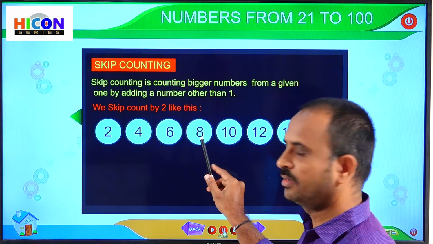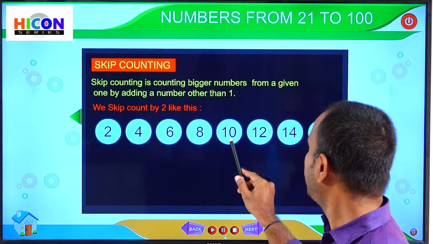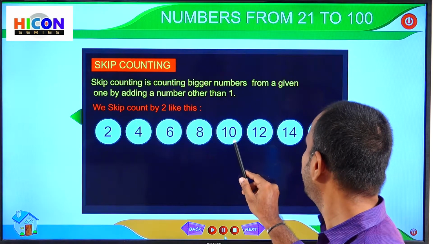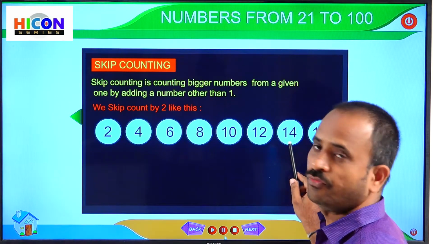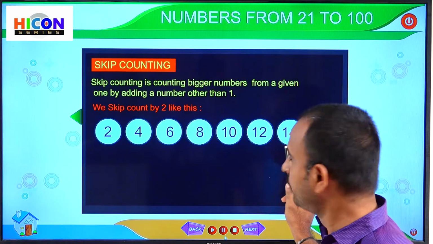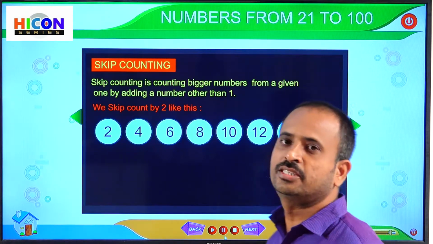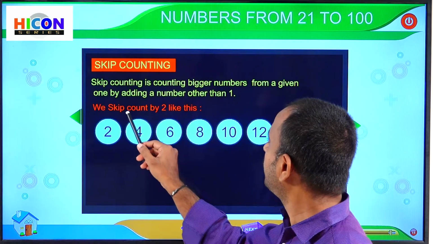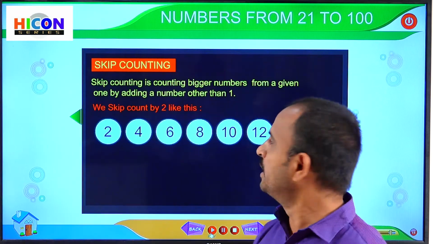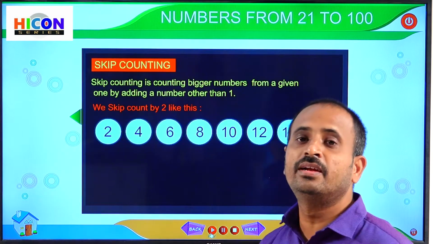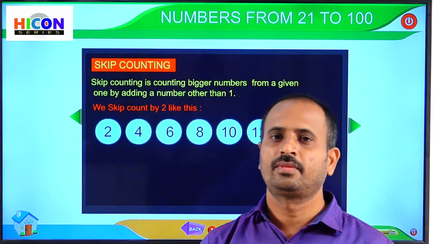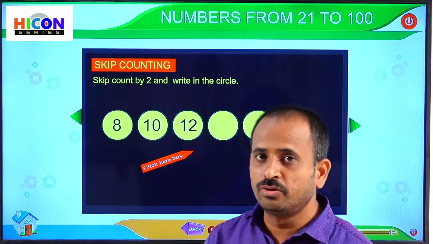Add 2 to 6, we get 8. Add 2 to 8, we get 10. Add 2 to 10, we get 12. Add 2 to 12, we get 14. Add 2 to 14, we get 16. So this is called skip count by 2. That means we add 2 to each number, then we get the next greater number.